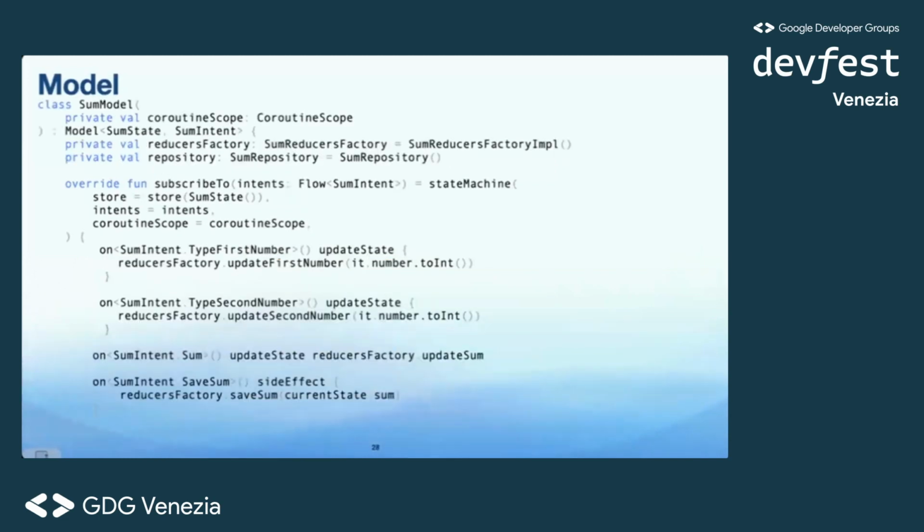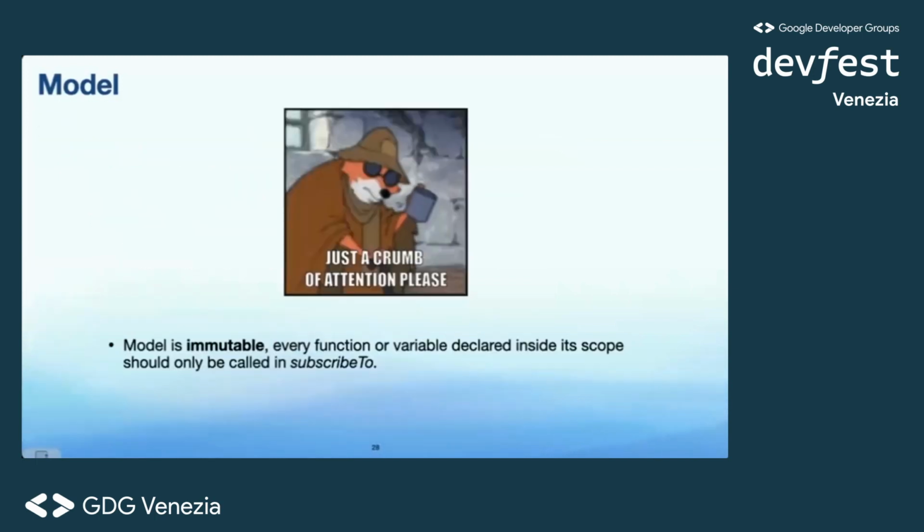Here is just a recap of the model. And one last important thing about the model is that the model is immutable. So every function or variable that we declare inside a scope should only be called in subscribe to.